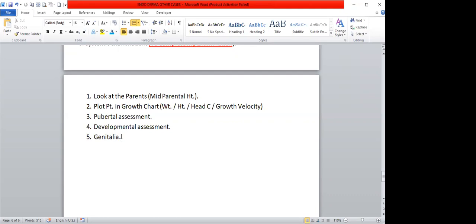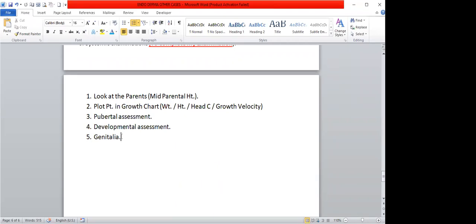The importance is, suppose the child is 14 years old and having delayed puberty. Whenever we examine the genitalia, there will be absence of pubertal signs, pubic hair maybe, and some of the children may have early puberty, like precocious puberty. Suggest a syndrome which presents with early puberty.